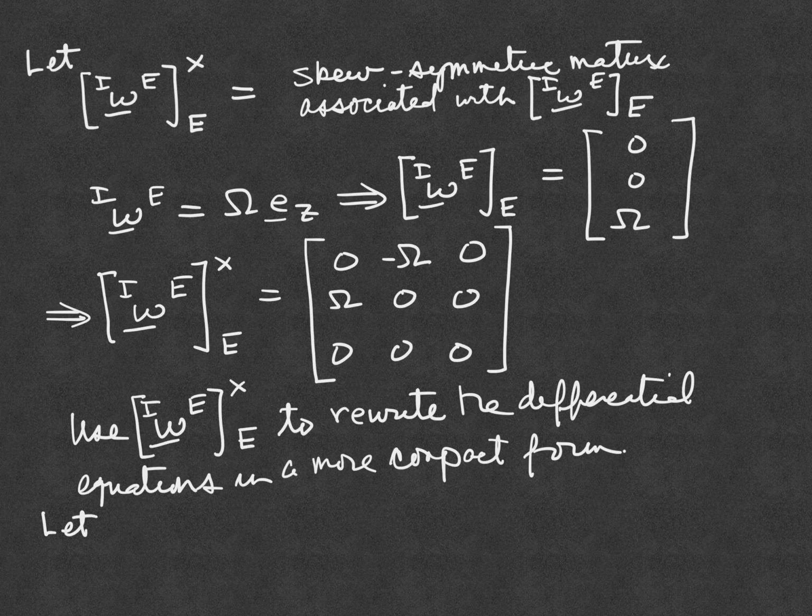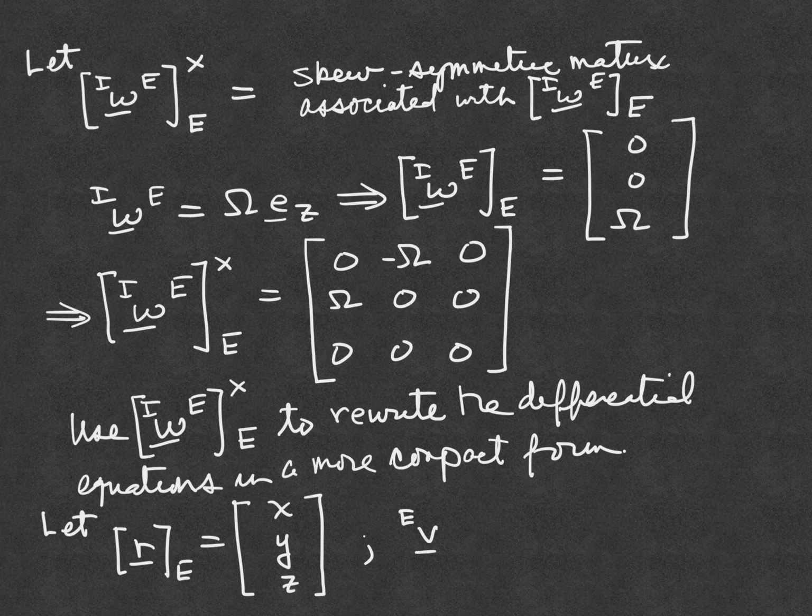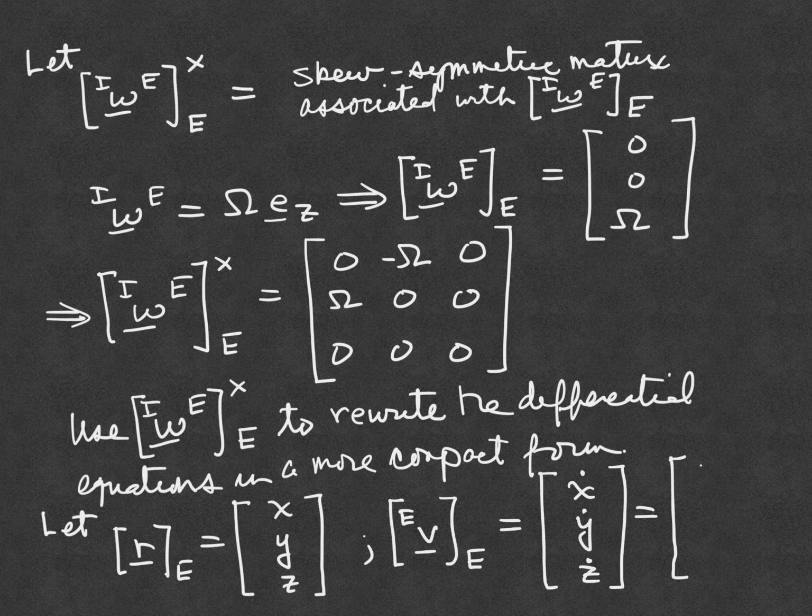We're going to say let R E equal X, Y, Z, and we're going to let V E expressed in E equal X dot, Y dot, Z dot, which is going to be defined to be Vx, Vy, Vz.